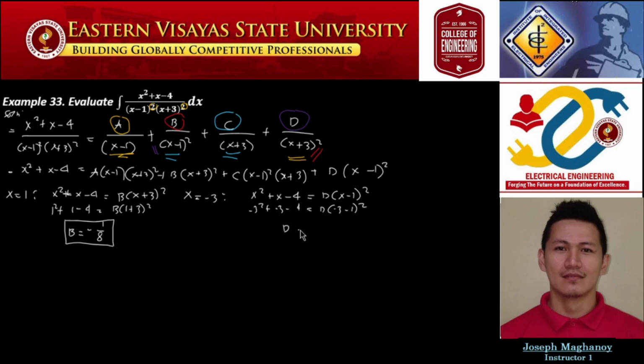Solving for your d, correction, 3 squared minus 3, that is 9, minus 4, okay, that is 2 over 16. We can write it as half of 16, that is 8. Okay, so d is 1 over 8.